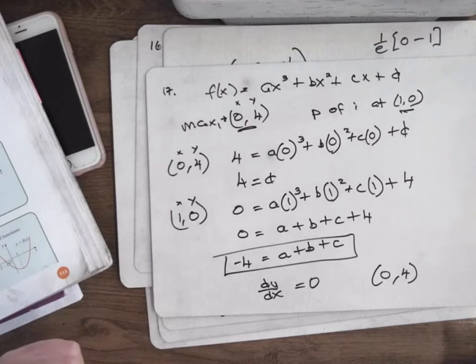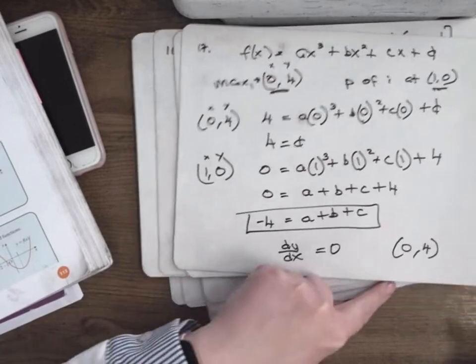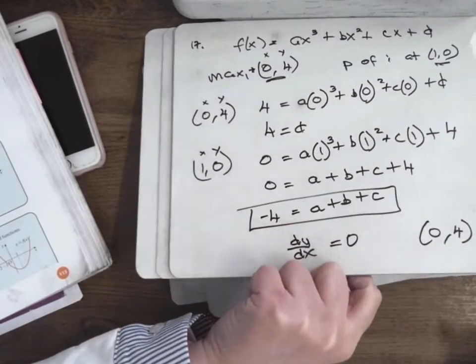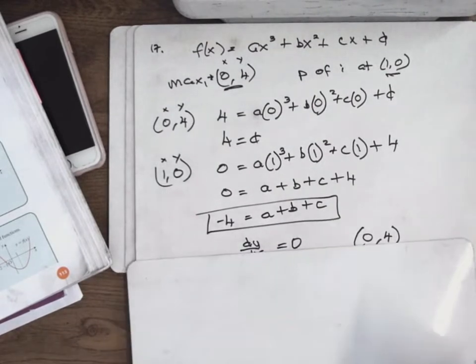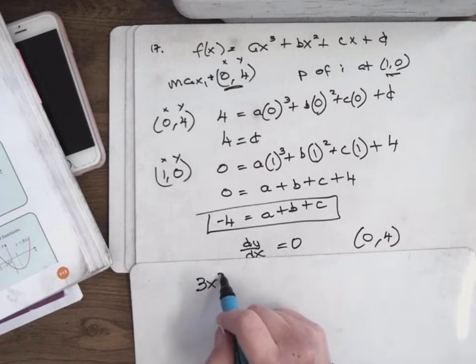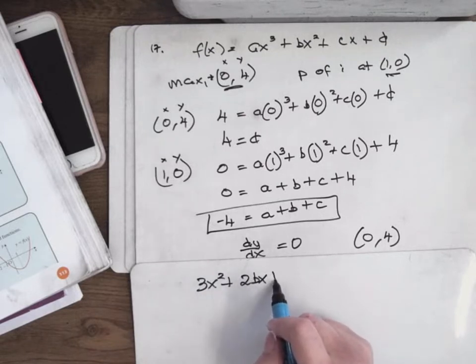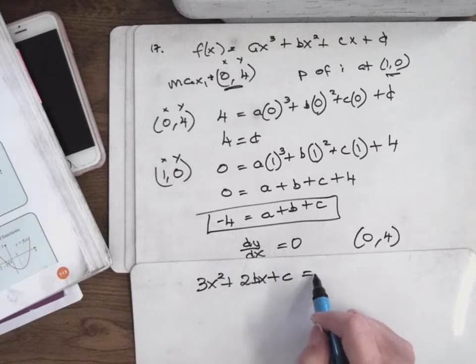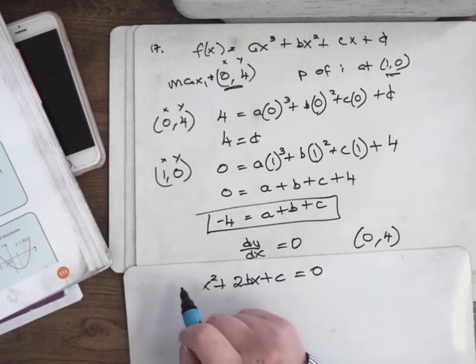Give me a minute, I'll just take it one step at a time and hope it makes sense in my head. Okay, so I'm just going to do the turning point. So dy dx equals 0. So that would be 3x squared plus 2bx plus c equals 0. Sorry, 3ax, apologies. It should be 3ax squared.